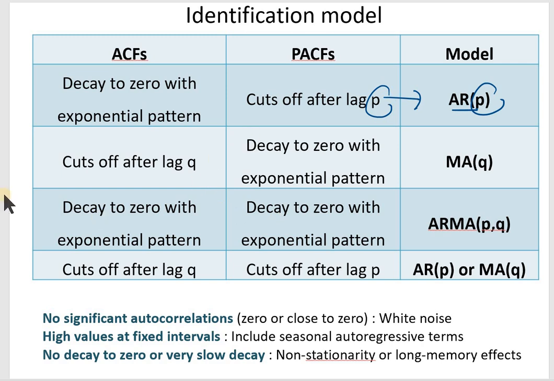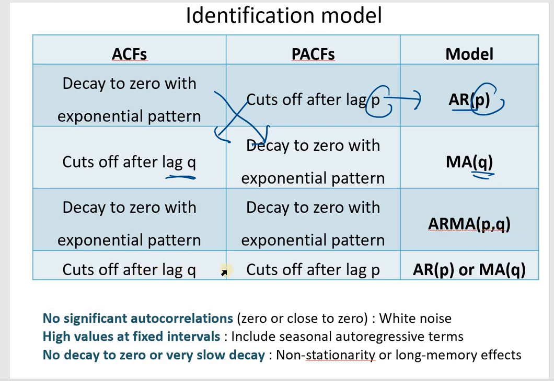If the cutoff is at the ACF and the PACF decays with an exponential pattern, it will become MA of order q, where lag q is the order of MA. If both the ACF and PACF decay to 0 with an exponential pattern, we can try ARMA, which is the combination of AR and MA models.